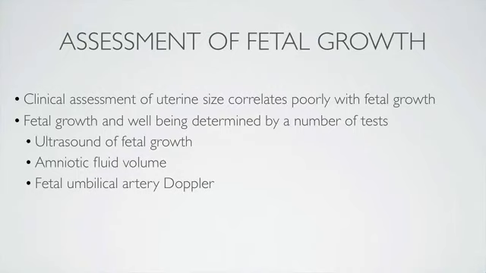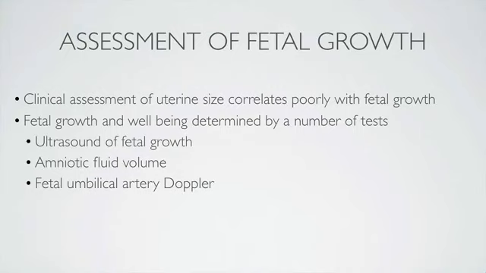And fetal growth and well-being are determined in a number of different ways. So first and foremost, obviously ultrasound, and we measure different things: the fetal biparietal diameter, the abdominal circumference, and the head to abdominal ratio. The head to abdominal ratio is one of the most important, as what we want is for the head and the abdomen of the fetus to be growing at the same rate.